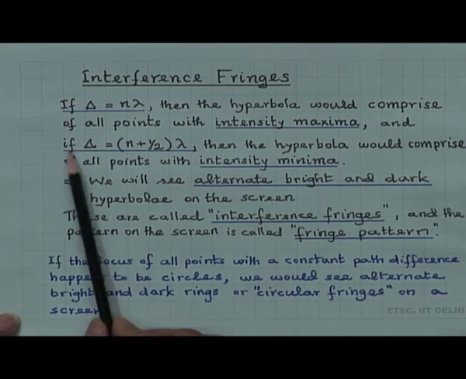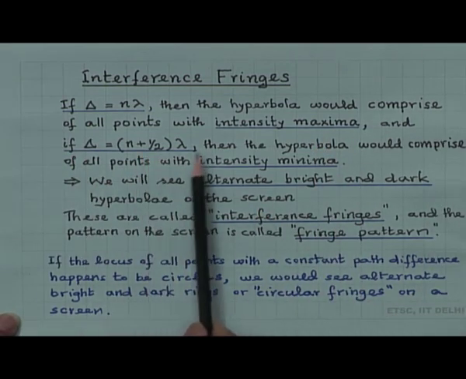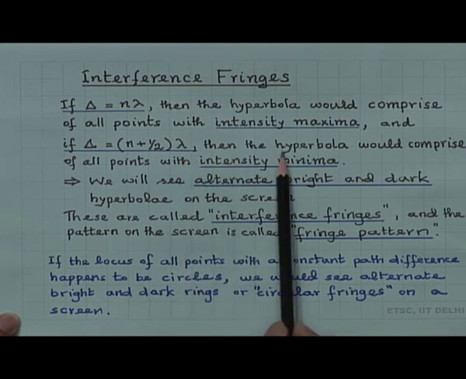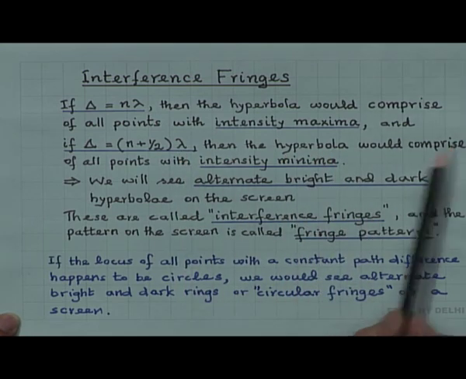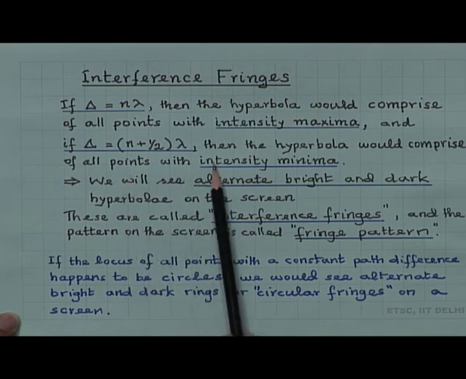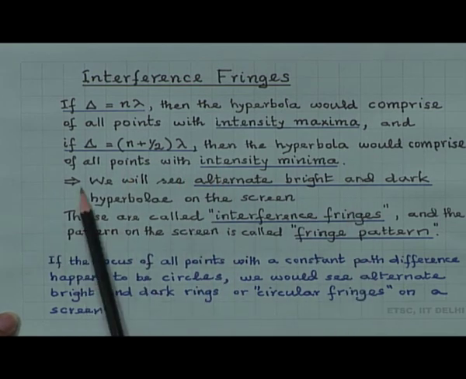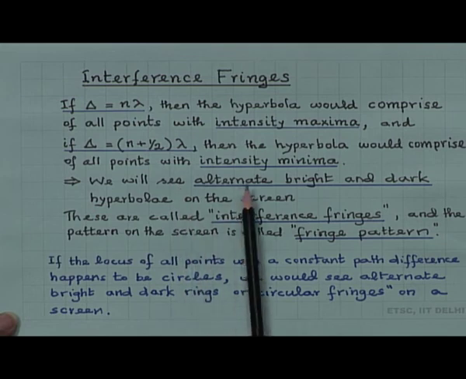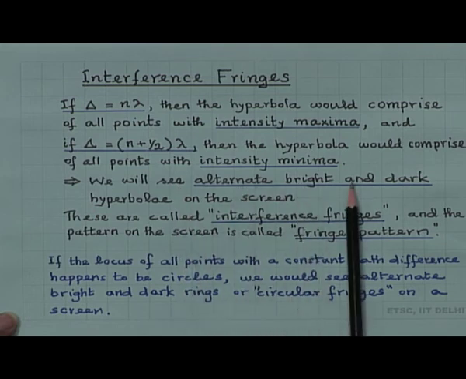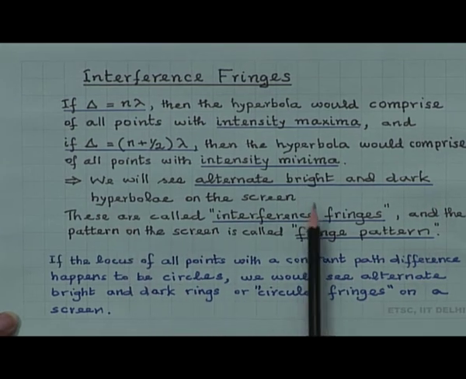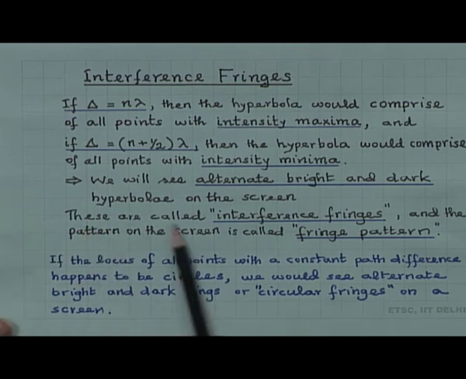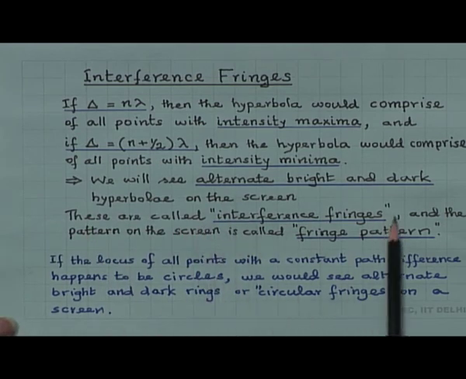And if delta is n plus half lambda, then that hyperbola would comprise all points with intensity minima. This implies we will see alternate bright and dark hyperbolae on a screen. These are called the interference fringes.